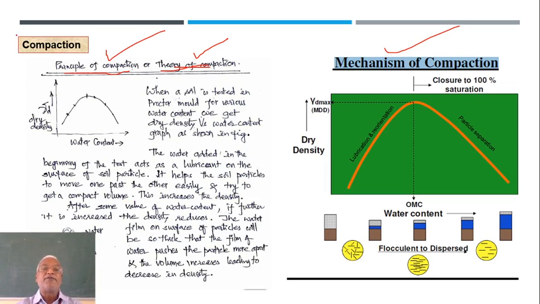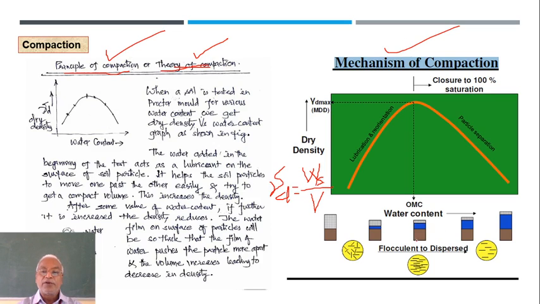I repeat the definition of dry density. Gamma D is given by weight of solids on the top, purposely I have been writing this, weight of solids divided by volume. Now you can observe in this case also the weight of solids remains the same. In the beginning there is a large volume, because of compaction the volume has decreased, because of that this value increases.